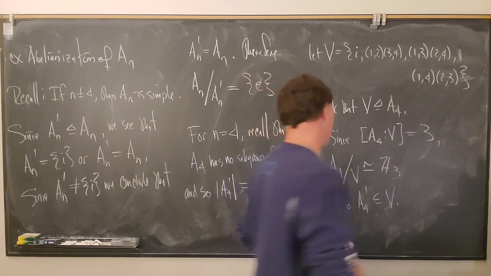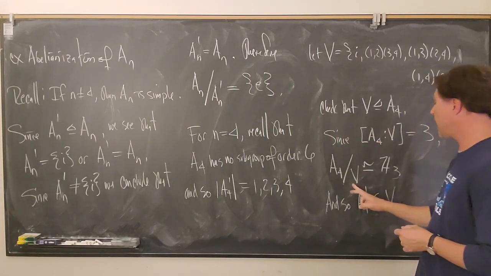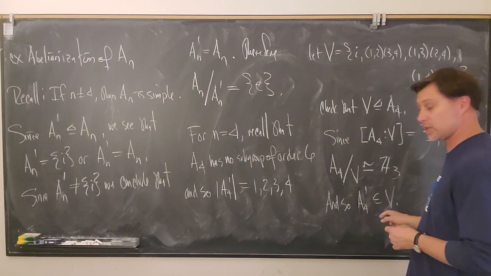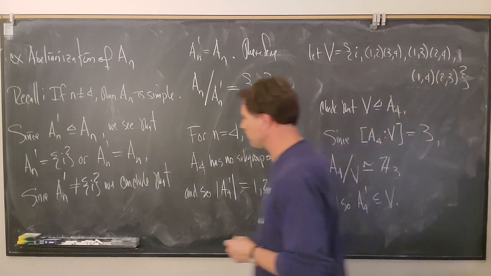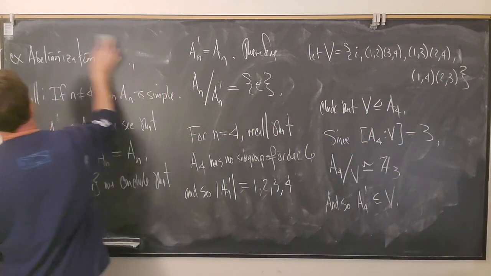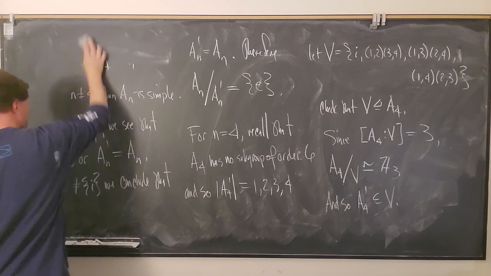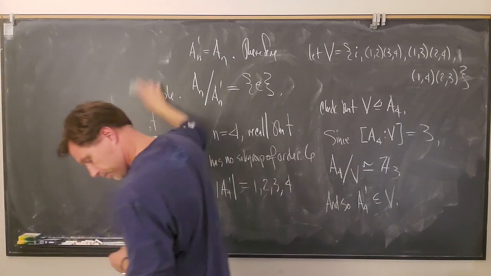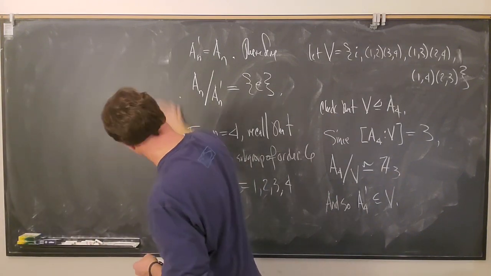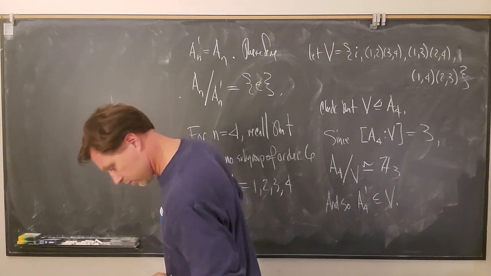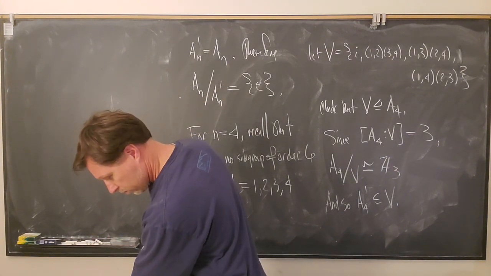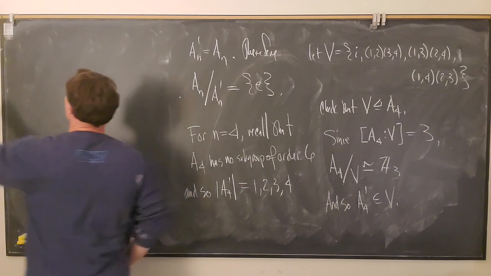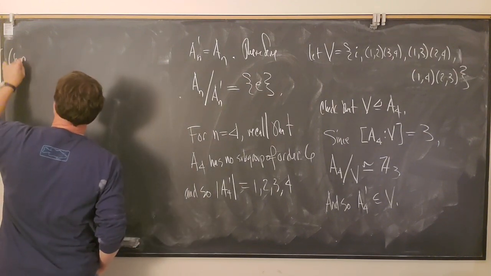So anytime we get an abelian quotient, the denominator has to contain the commutator subgroup.